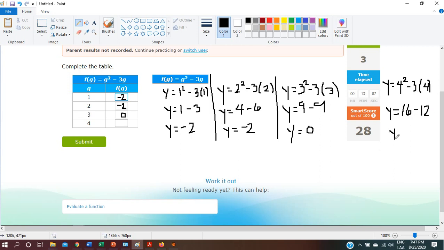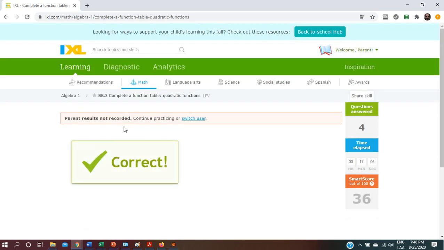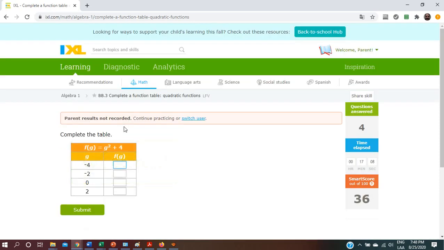So 16 minus 12 equals 4. So in here we're going to find 4. Okay, let's see if we are right. Negative 2, negative 2, 0, 4. And we are correct.